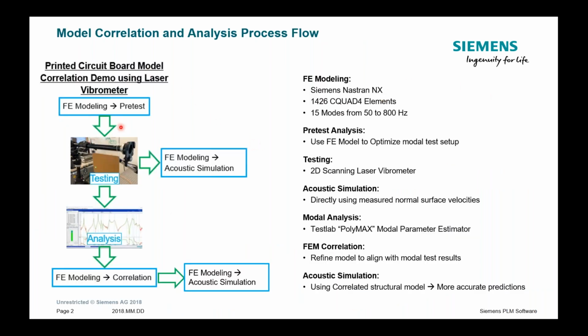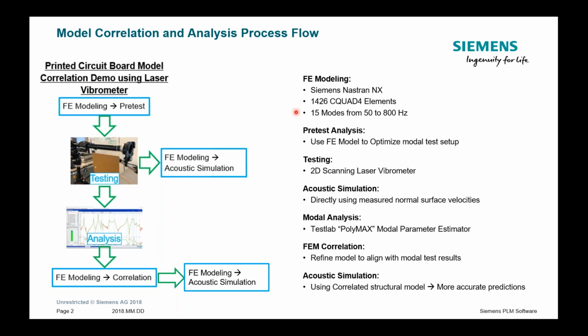So Eric presented this schematic here. This was kind of an overview of the process that we used, and these are the different components in the process. So first of all, we did some computer modeling of the flat plate of the PC board. We used Siemens Nastran NX for the modeling, and that was 1,426 CQUAD4 elements.